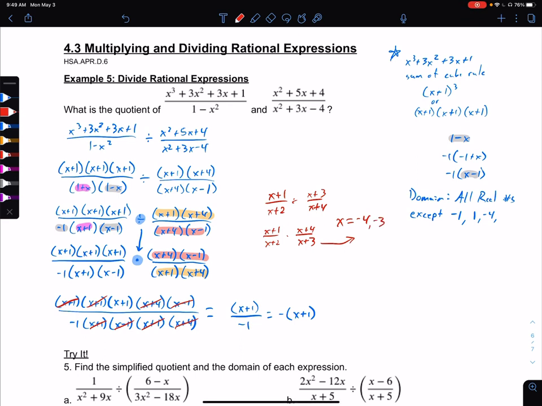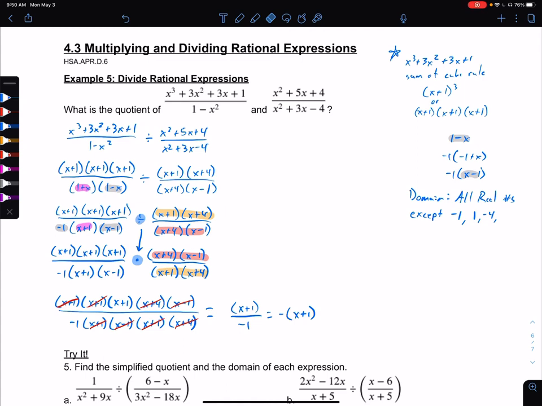So when you switch from division to multiplication, you do want to be very careful with your domain. Exceptions, new numbers can definitely pop up, and we don't want to make simple mistakes or lose credit on problems, get things wrong with the domain just because we were a little bit careless with that.